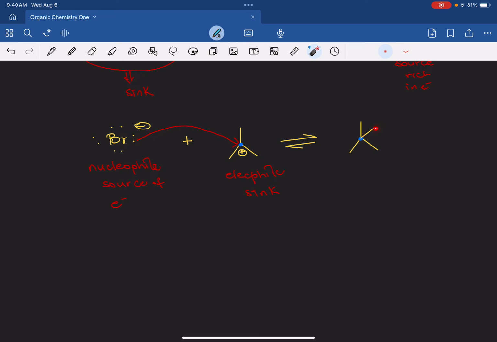So when you draw this bond, it means the lone pairs are no longer just on bromine. They are being shared between the blue carbon and bromine, which means you need to put bromine right here, because this is your new bond. Let's give our new bond a new color. Let's give it a red. That's your new covalent bond. Your bromine still has these lone pairs because you didn't use them to do anything, so please put them back. Lone pair, lone pair, lone pair.